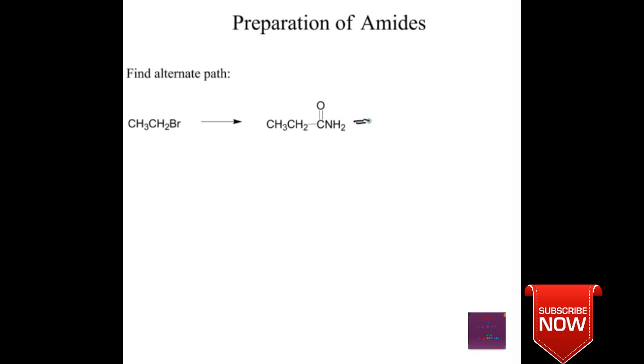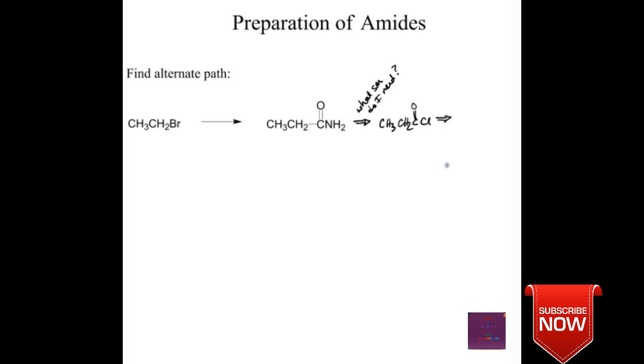Well, what's another way that we can make an amide? The first possibility we saw for making an amide was from an acid chloride. So what if I made this acid chloride instead? If I had this acid chloride, could I make the amide? Remember, this retrosynthesis is asking what starting materials do I need? Well, if I had this acid chloride, I could just mix it with ammonia and that would make the amide. So this would be a good possibility.